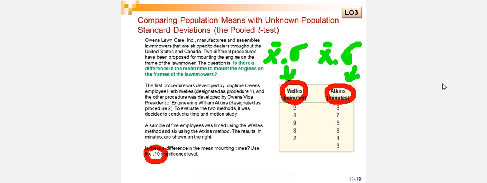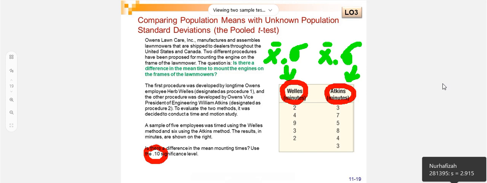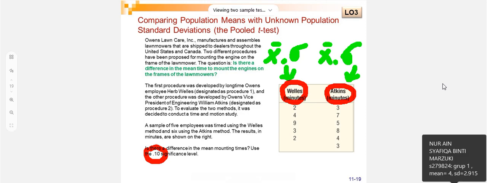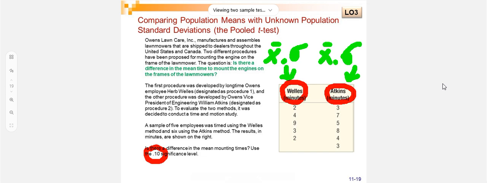Siapa yang dapat jawapan boleh share. Okey, Nur Ain Syafiqah dapat jawapan tu, dia share group number 1 mean 4, standard deviation 2.4915.